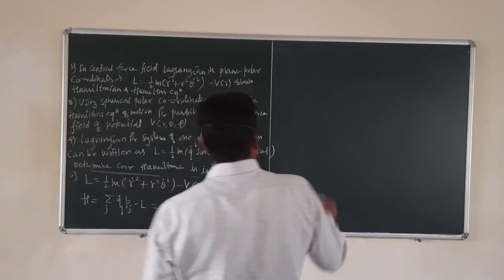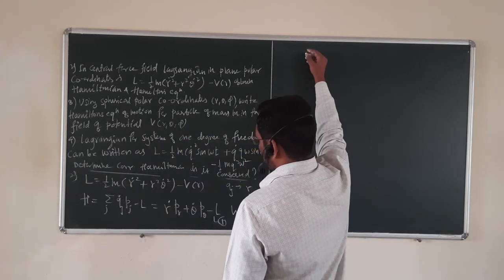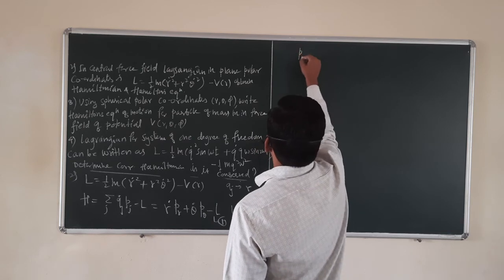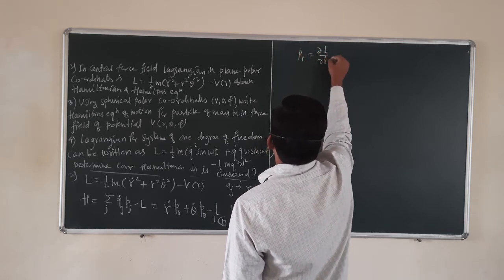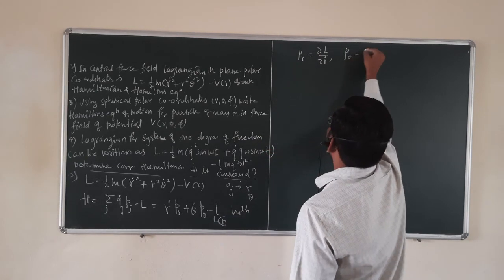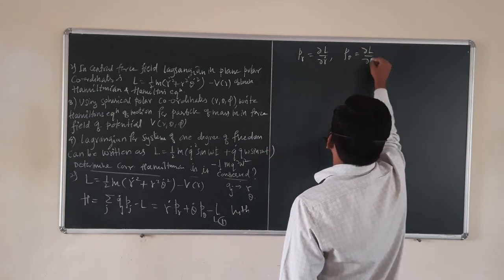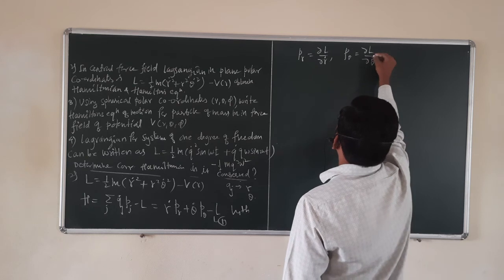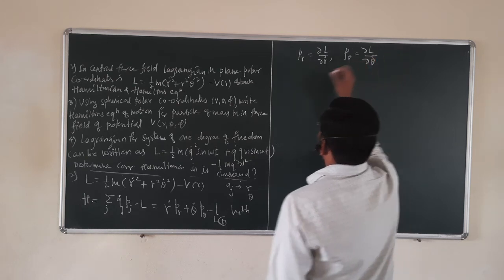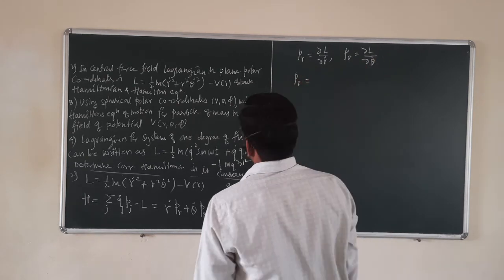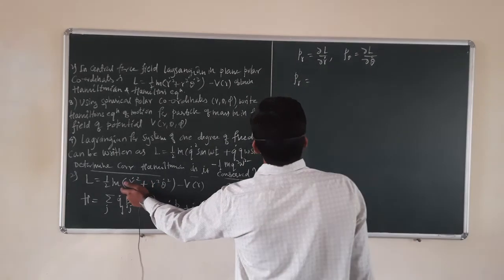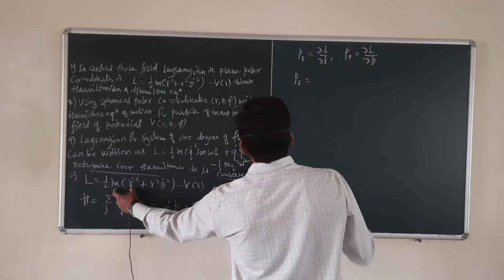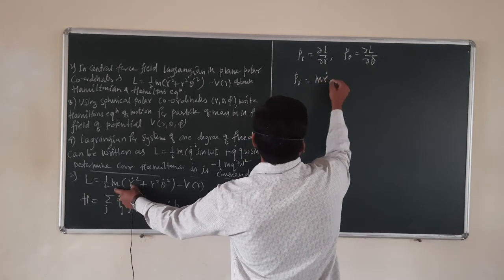r dot and theta dot can be obtained as follows. pr is the partial derivative of the Lagrangian with respect to r dot, and p theta is the partial derivative of the Lagrangian with respect to theta dot. So with this we obtain pr is equal to the partial derivative of the Lagrangian with respect to r dot, so that becomes m into r dot.